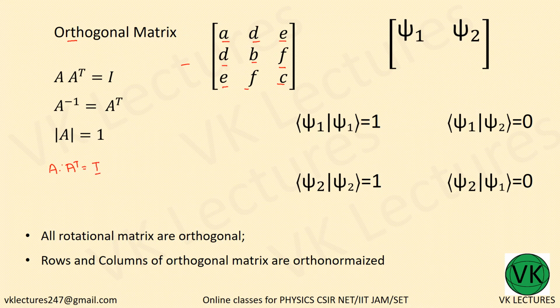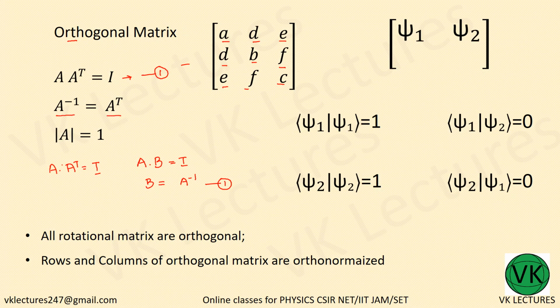the identity matrix. Now we have already studied that if A into B equals I, then B is nothing but A inverse. Similarly, if you apply this idea to the first equation that we have here, then what we get is A inverse equal to A transpose.